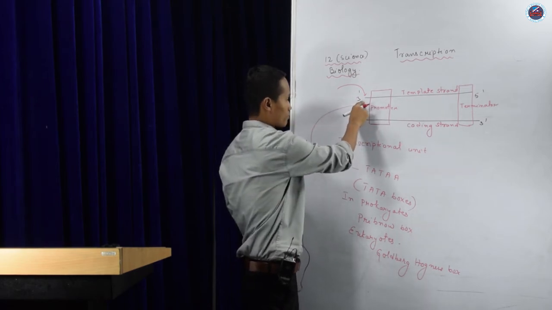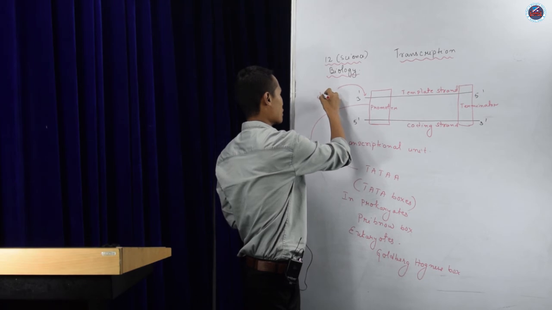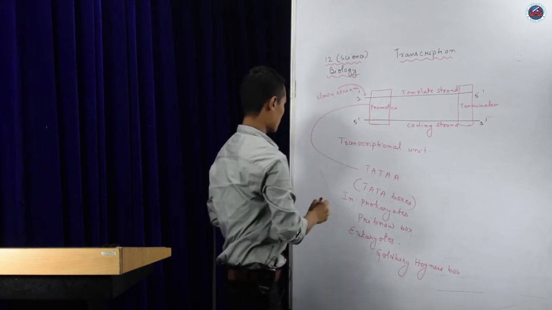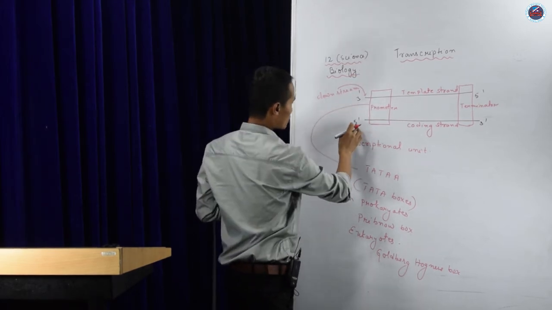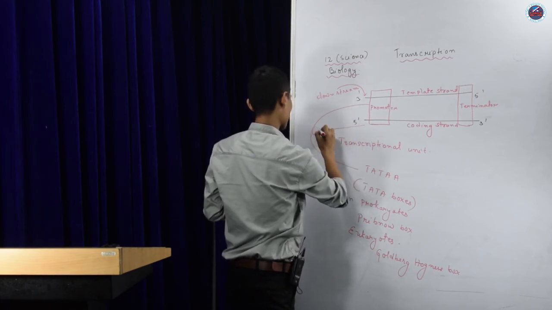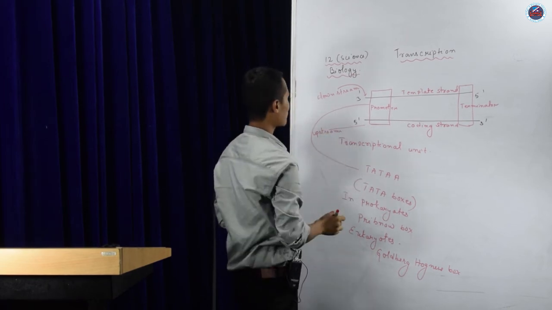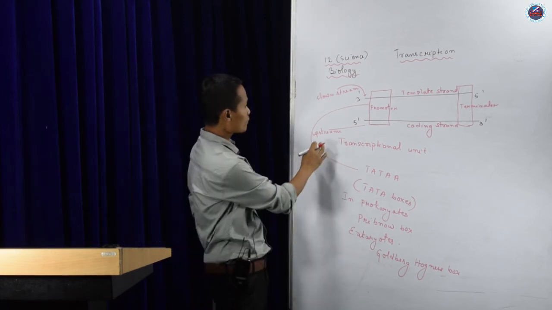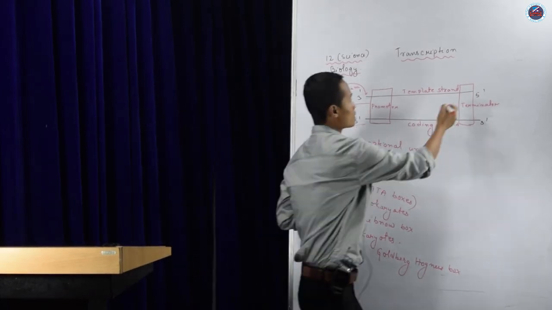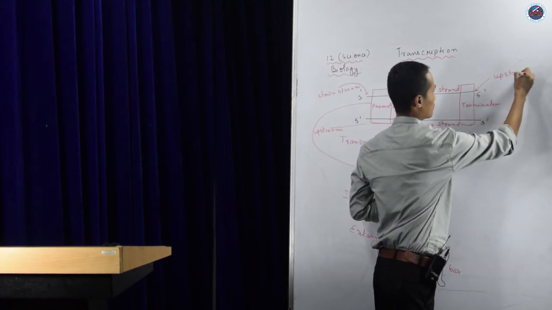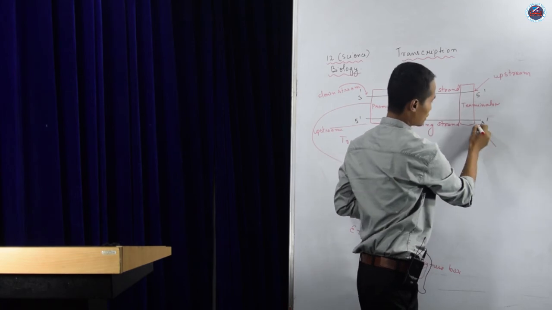The 3' side is called downstream, and the 5' side is called upstream. The 5' is always upstream and the 3' is always downstream.